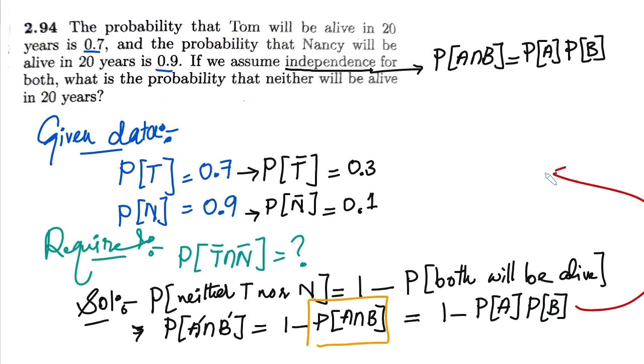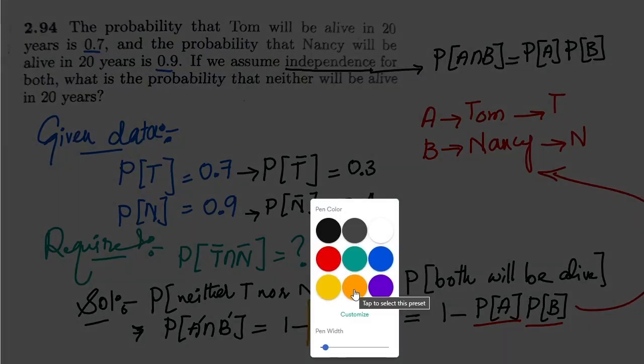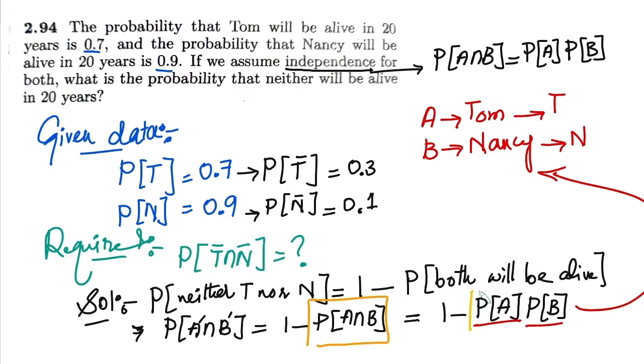Here we can very clearly see that A is Tom and B is Nancy, which were previously T and N. So now putting their values here, because this is now P of T and this is now P of N. What would we get?